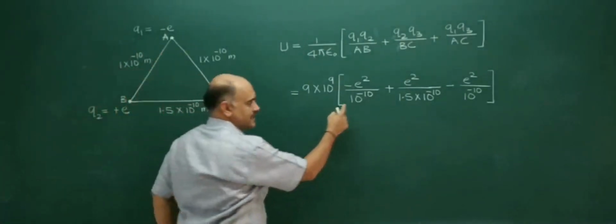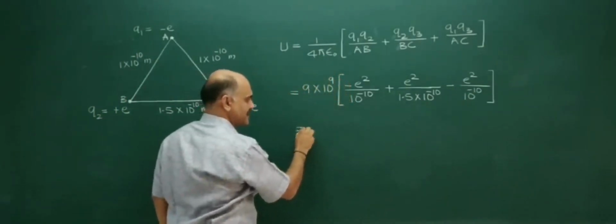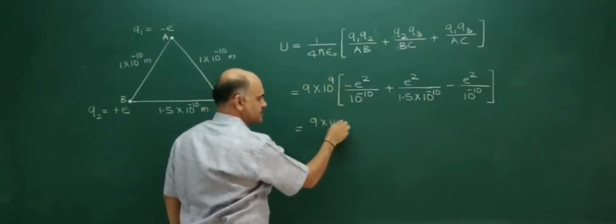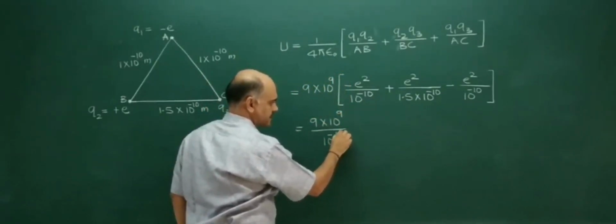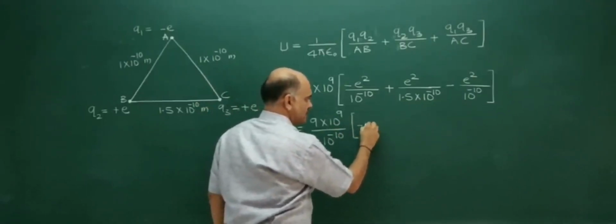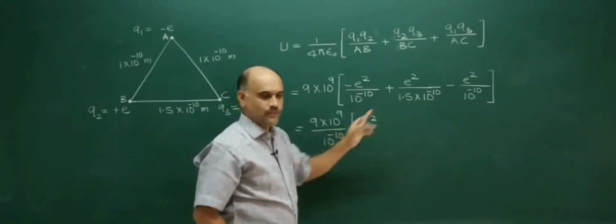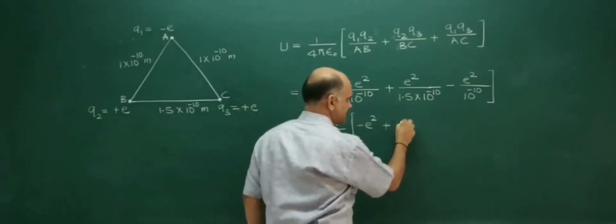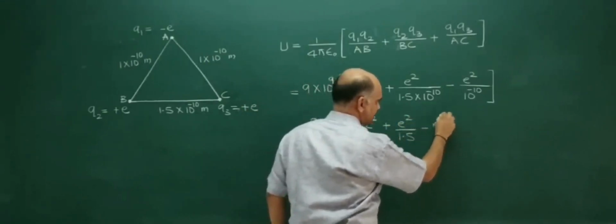So I will take 10 raised to minus 10 common from the denominator. 9 into 10 raised to 9 divided by 10 raised to minus 10. Inside the bracket I will have minus e square, and here 1.5 remains, plus e square by 1.5, again minus e square.